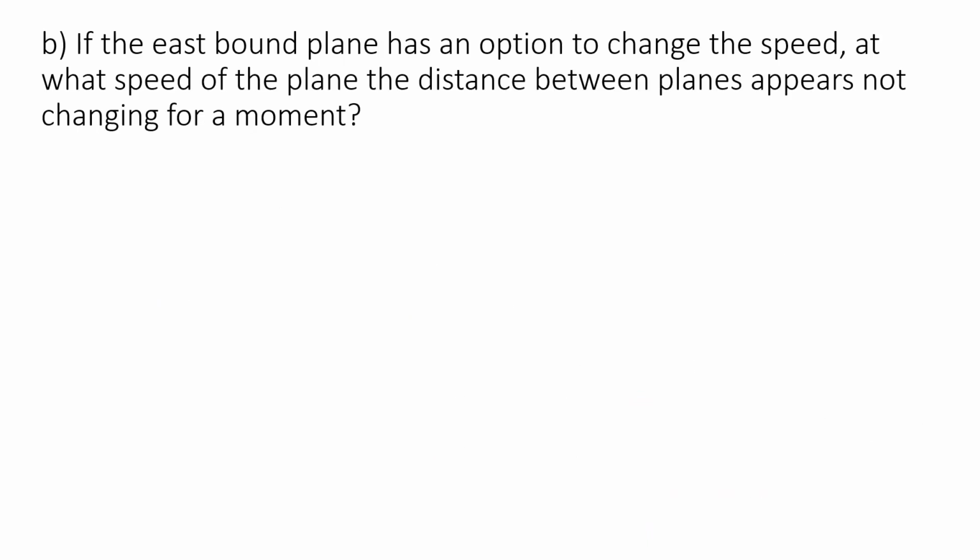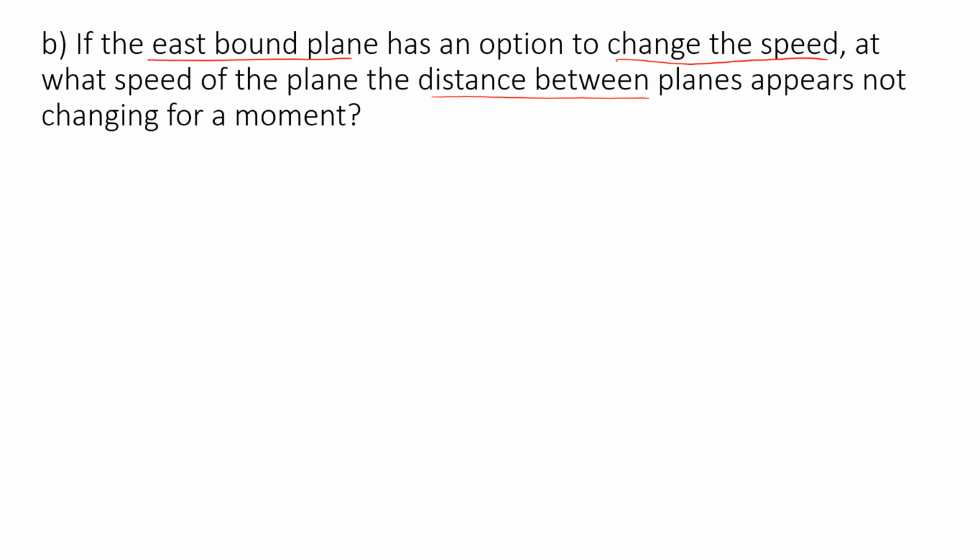Part B says, if the eastbound plane has an option to change its speed, at what speed of the plane does the distance between the planes appear not changing? So we know the equation that we got. We can see clearly the distance does not change if the derivative is 0.